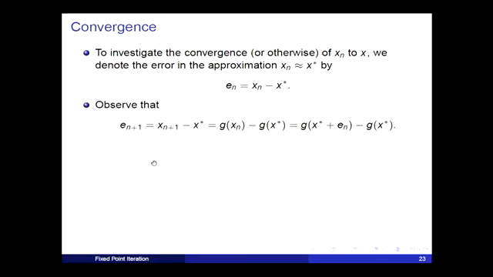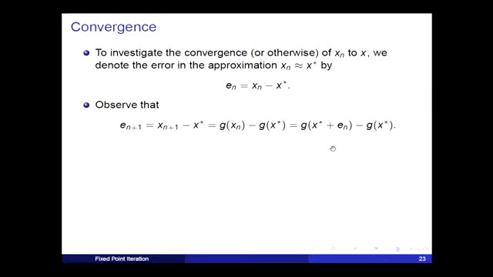Now you can compute the error at step n plus 1. It equals x n plus 1 minus x star by this definition. But x n plus 1 is just g of x n, that is how you define the fixed point iteration. And g of x star equals x star because that is a solution.